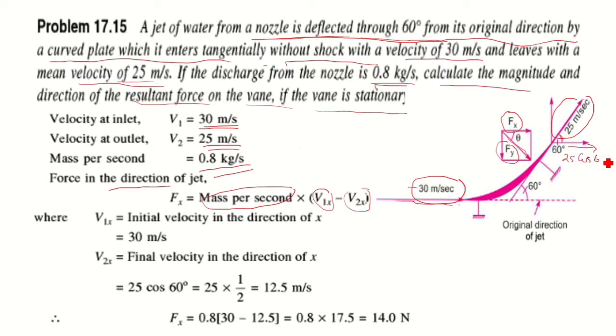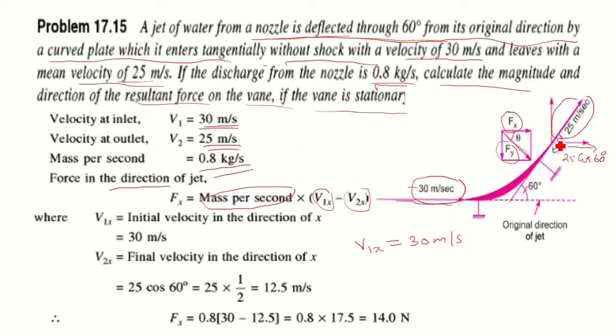25 cos 60, the x component. So the jet leaves the plate in the x direction with a velocity of 25 cos 60 degree. So initial velocity is 30 meter per second. So v1x, the initial velocity at the inlet in x direction, is equal to 30 meter per second.